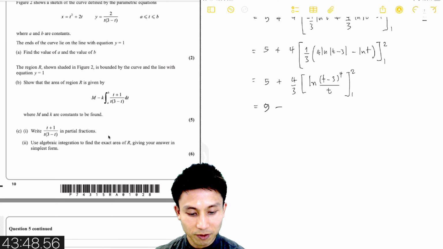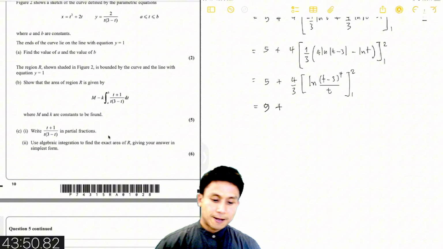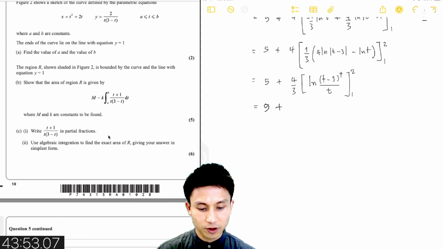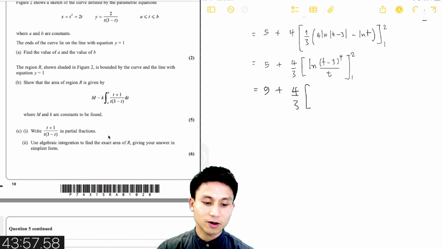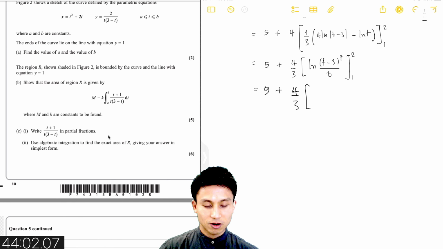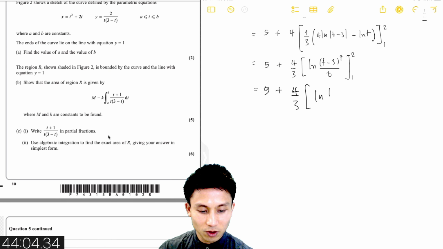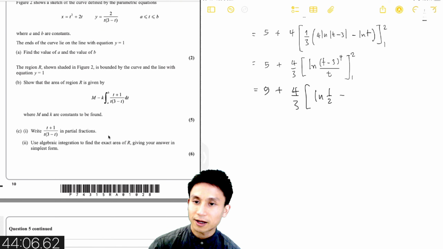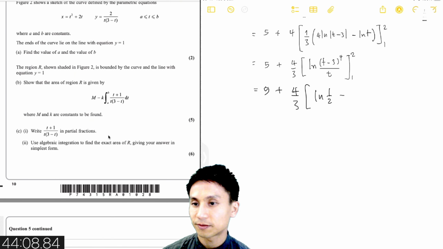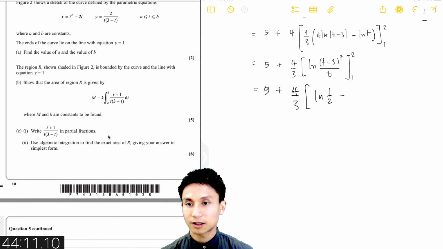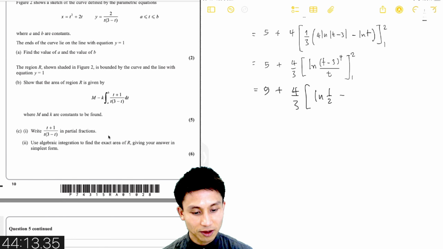So 5 plus, if we put 2 in the t, we get a minus 1. Minus 1 to the 4 is 1. 1 over 2, so that is ln 1 over 2 when you sub 2 in there. B is 2, I think. And then sub 1 in, you get a ln, what is that?